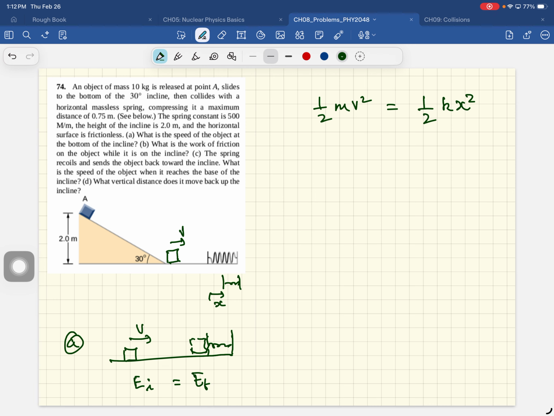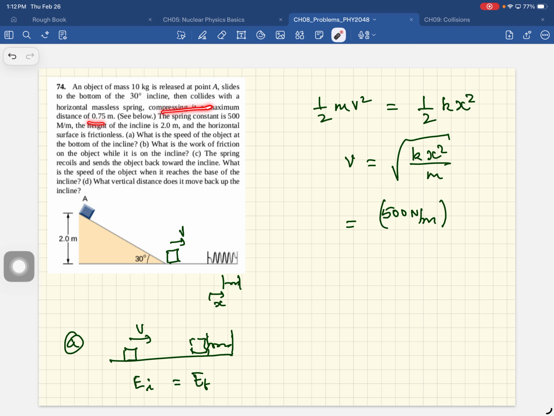So the speed V is the square root of k x squared divided by m. What is k? k is 500 Newtons per meter. The spring is compressed 0.75 meters.